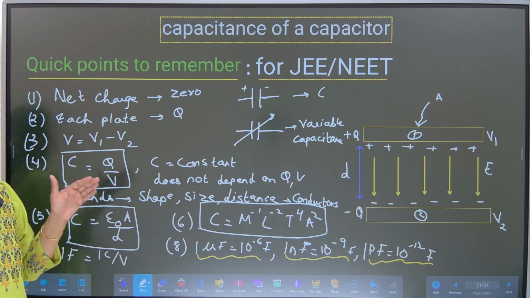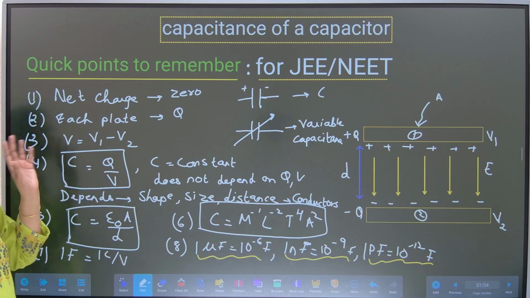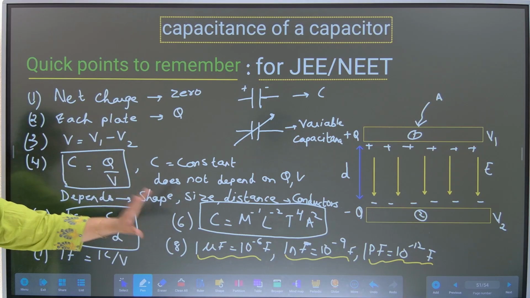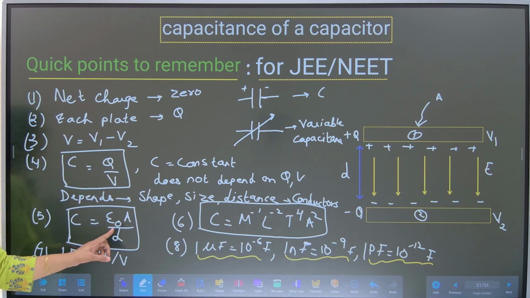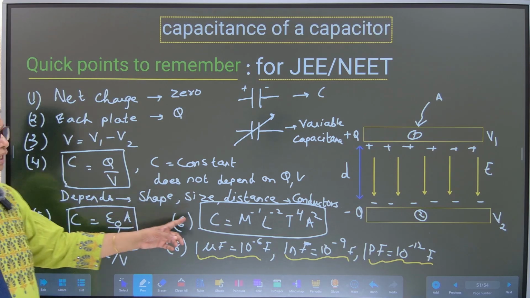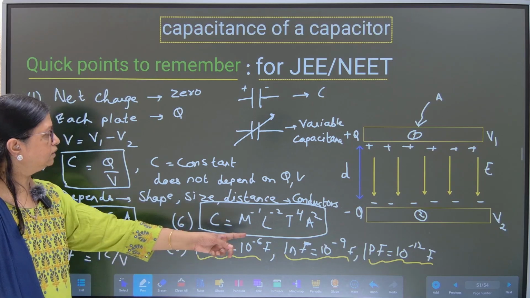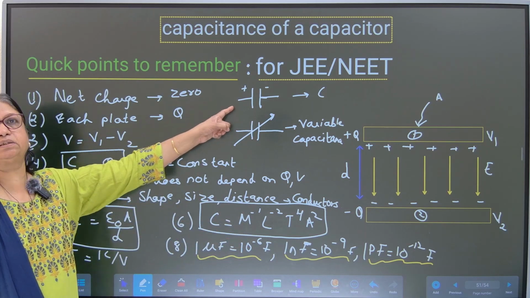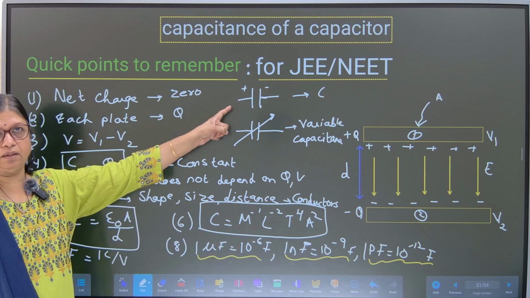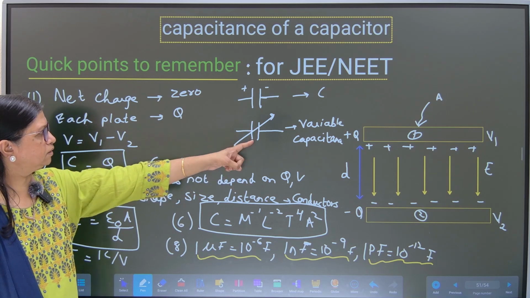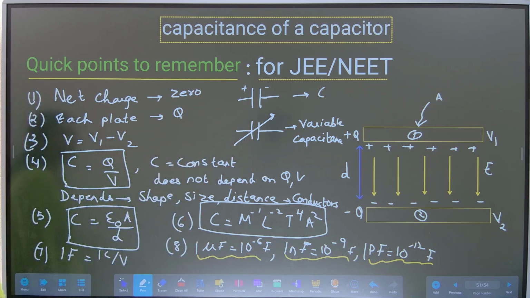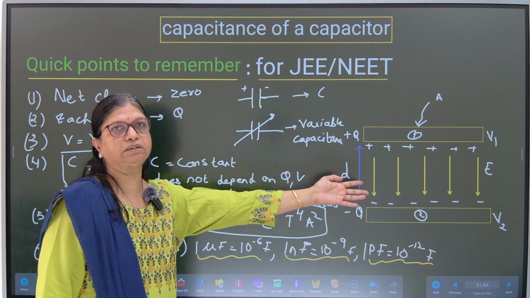For that, this page is made so that you remember these formulas very quickly. The formula of C, Q by V, C is equal to epsilon naught A by d, then its dimensional formula, then its conversions, then its symbol which will be used in the circuit, then its variable capacitance also which can be used in the circuit, and this is its construction part.